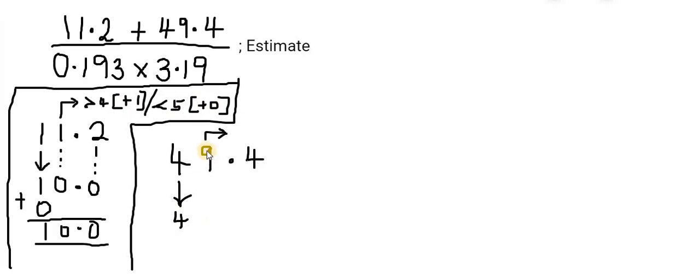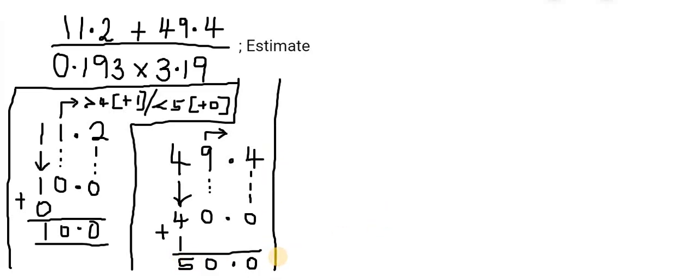In this case, 9 is greater than 4, so we add 1 to the previous number, and we convert the remaining numbers to zeros, not forgetting our point. Complete the addition, 4 plus 1, that's 5, so that results in 50.